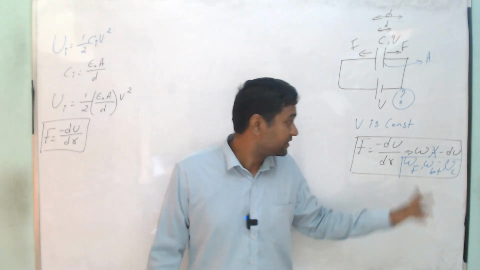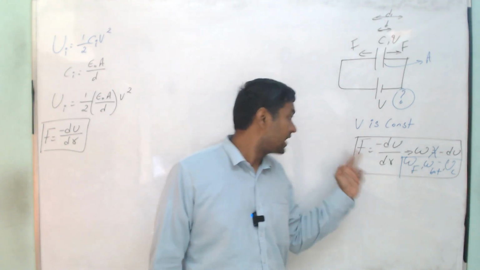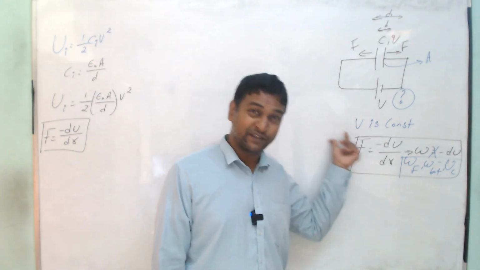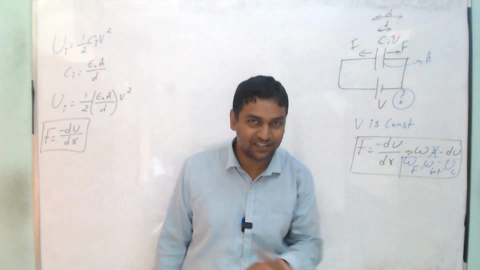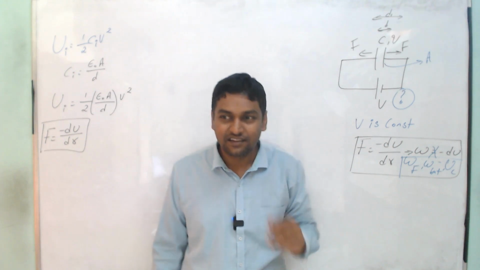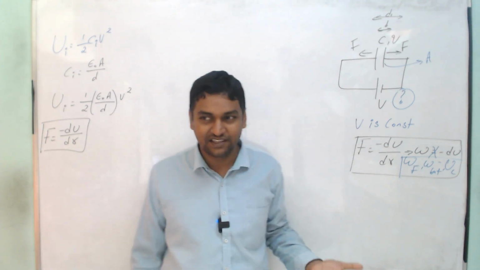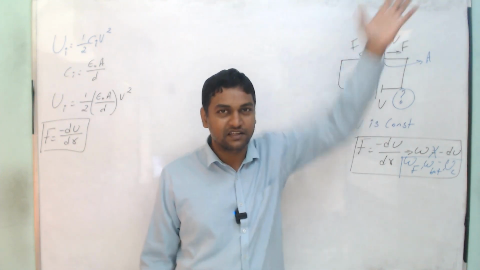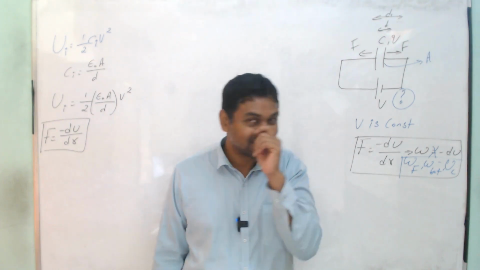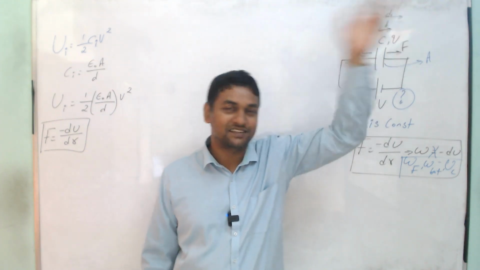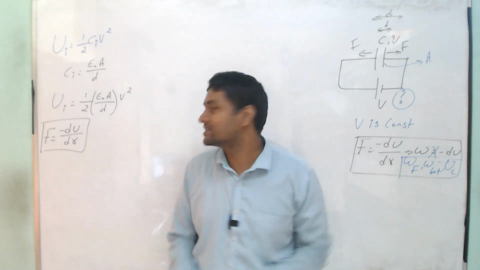If it is work done by battery and work done by the external force, then I should have force by battery and force by external. But practically, there is no force by battery. Battery is not physically pulling it, it is only giving energy. Battery can be somewhere else, it will not have physical force acting on it. That means I can't write this.